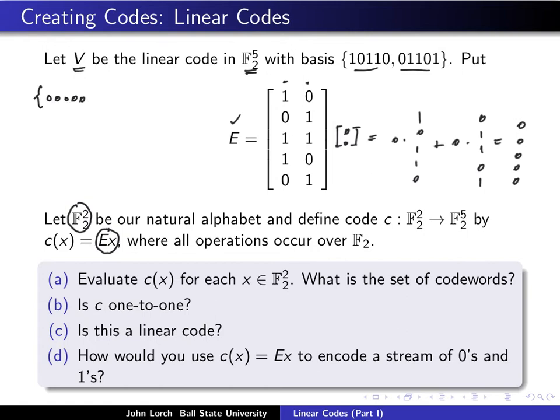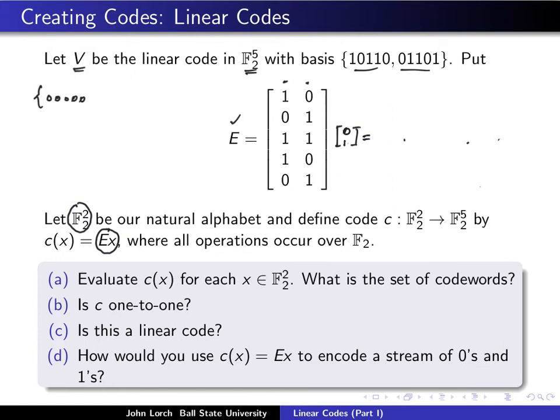Okay, so now let's do this again. So we're going to take all of this, get rid of it. And we'll multiply by something else now. So let's now multiply by 0, 1. So that's another string in F2^2.